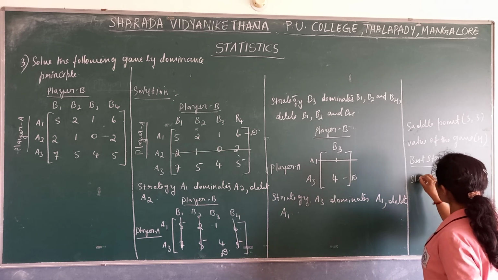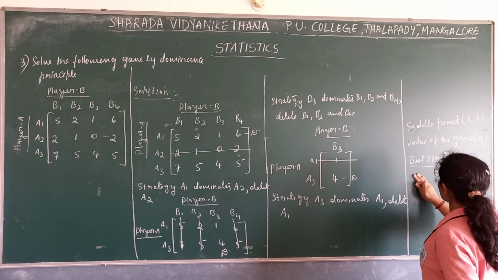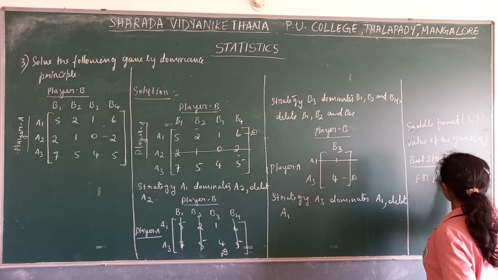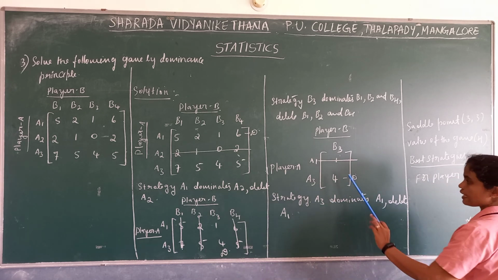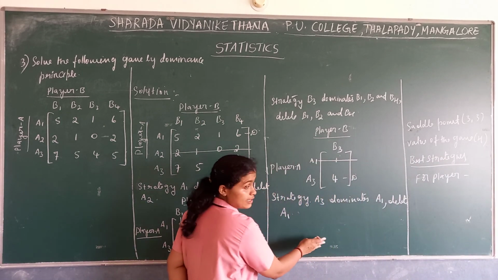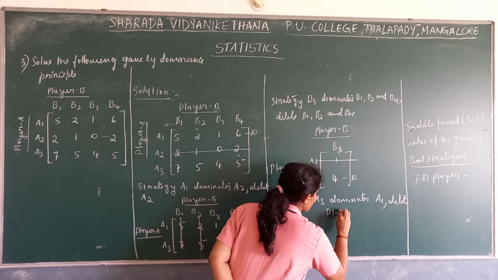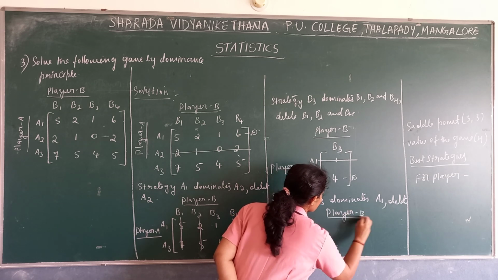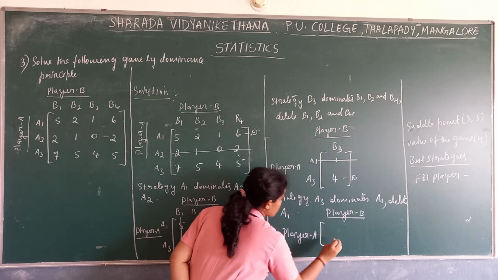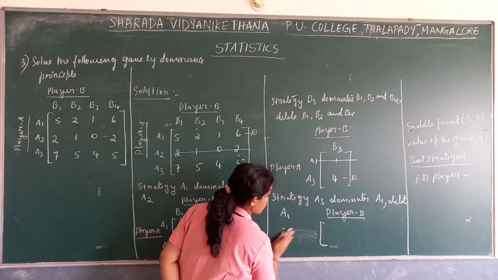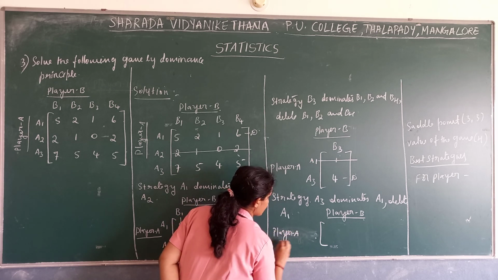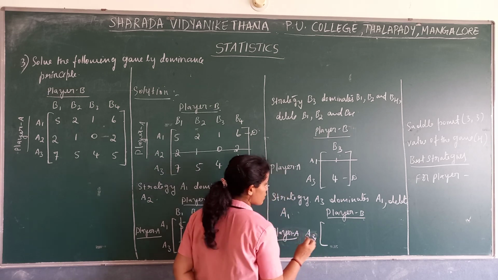So strategies for player A. What is the best strategy for player A? Player A, it is A3. Sorry, we need to write it at the end. Here for player B, I forgot to write. Player B, which will remain at the end, that we have to write. For player A, A3 will remain.